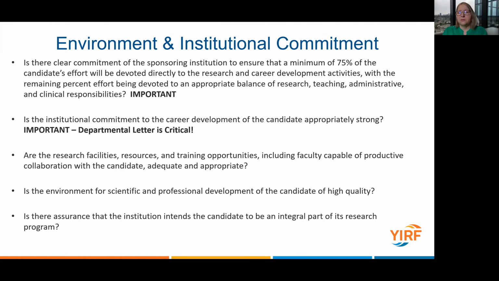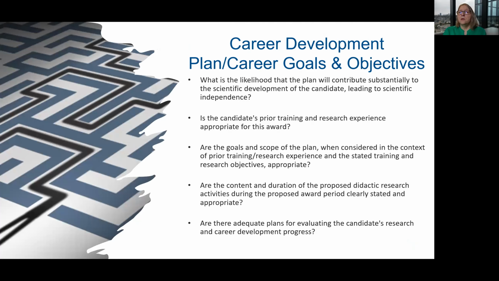So there is a little bit of nuance and arm twisting, and definitely talk to your division chair and your mentors to make sure that you can get the strongest letter available, given the fact these can be challenging depending on what your current position actually is. Your career development plan is a very, very important part.